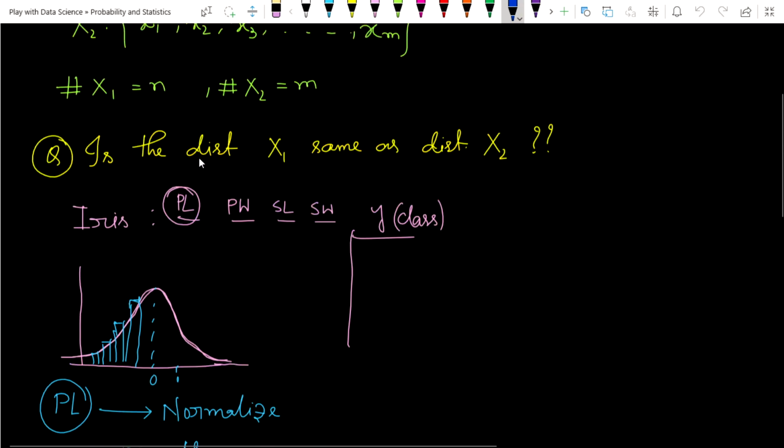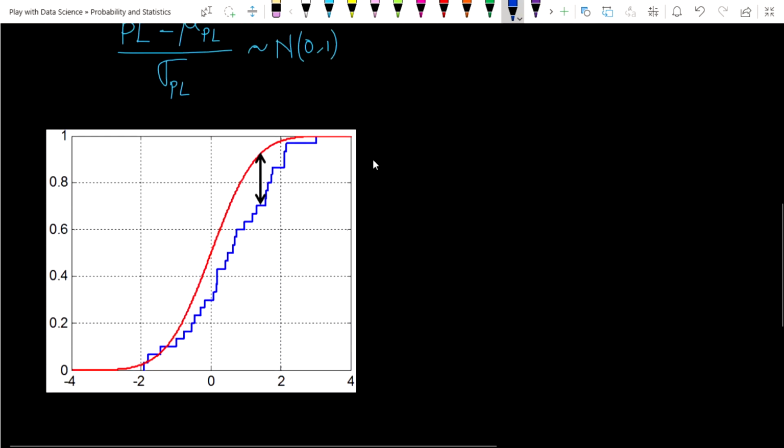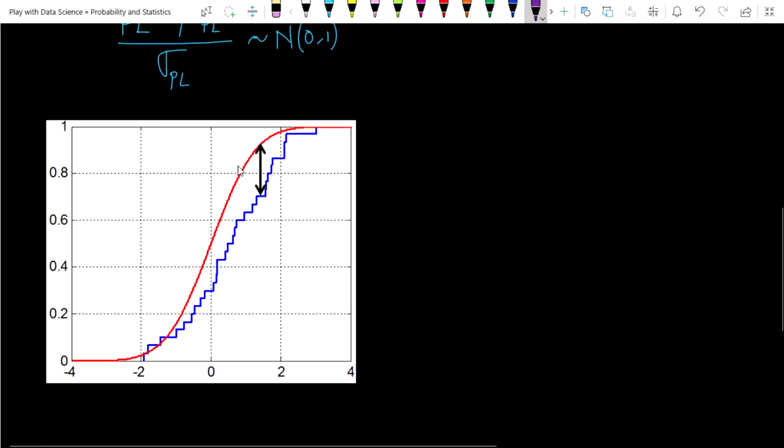Here we have taken two random variables, x1 and x2. For x1 we have n observations, and for x2 we have m observations. The red curve you see here is the sample x1 curve, and the blue curve is the sample x2 curve.